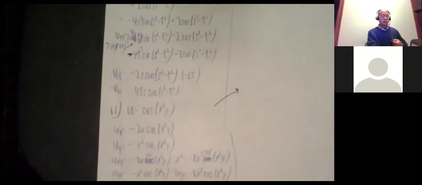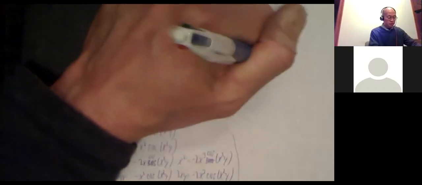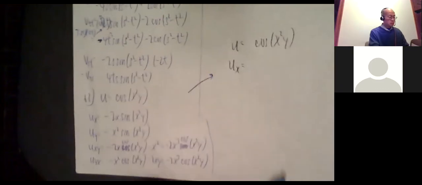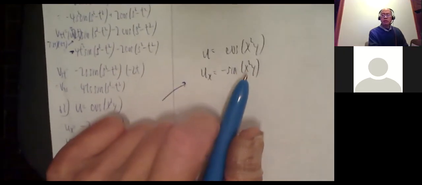Okay, I'm going to have to do this on the fly, unfortunately. U equals cosine of x squared y. I may have totally botched this up. So u sub x: the derivative of cosine is negative sine of x squared y times the derivative of x squared y with respect to x. That's 2xy, right?